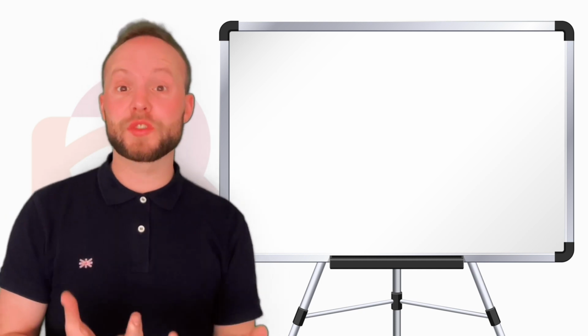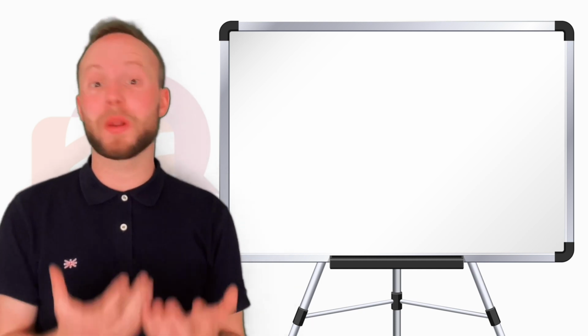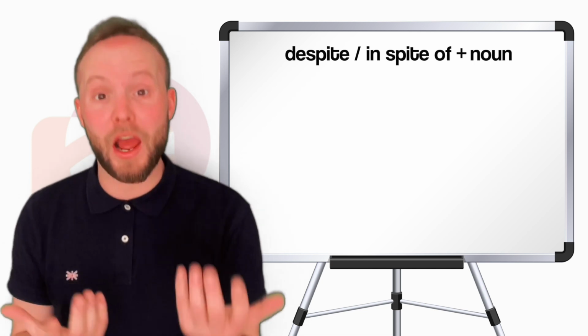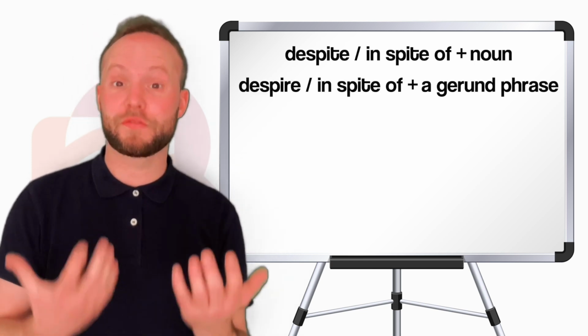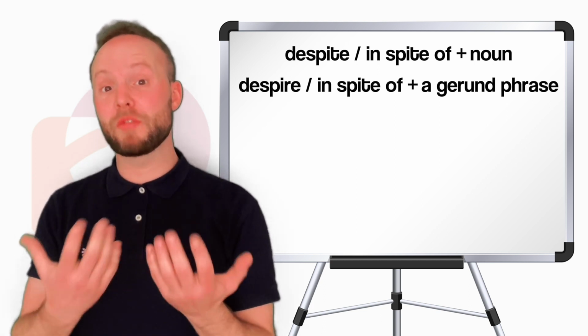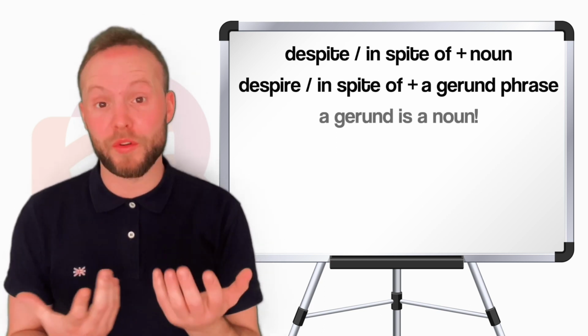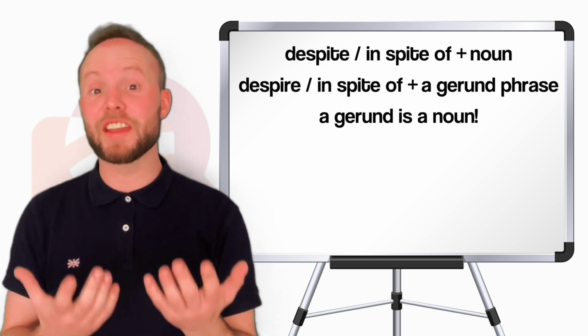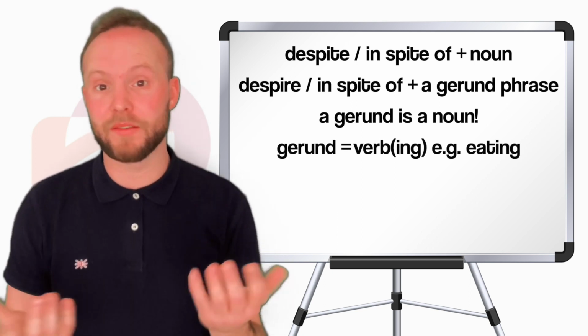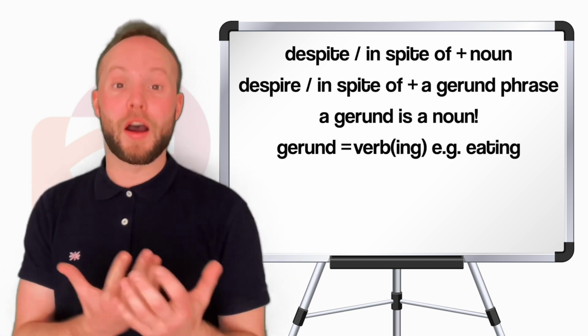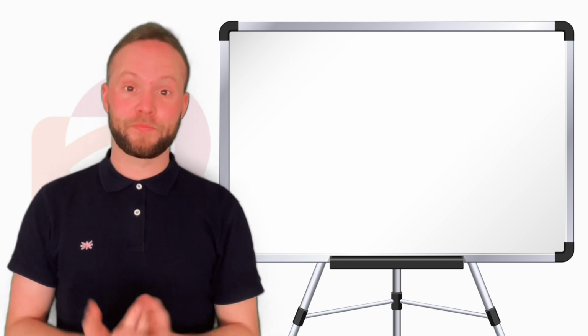We have to use despite or in spite of plus a thing, a noun. So for this, we're going to do it with a gerund phrase. Hopefully we remember that a gerund is a noun that we form by adding -ing to the base verb. For example, eating.